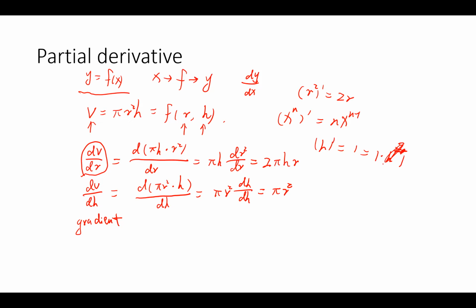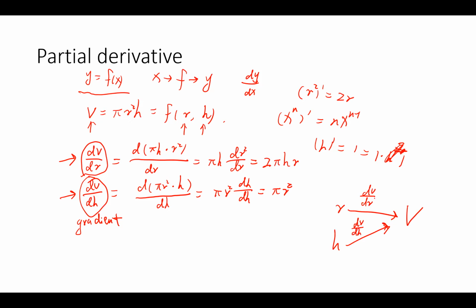Basically, what it means is that given a unit change in r, this is my change in v. And given a unit change in h, this is the corresponding change in v as well. So if we are asked which one to invest in, the radius or the height, because both of them impact my volume, and given a limited budget I want to know which one increases my volume more, we can answer this question by getting the derivative, because this is how each of the variables impacts the outcome, the volume.